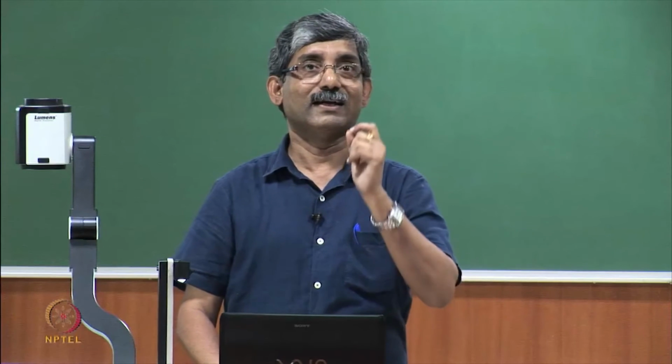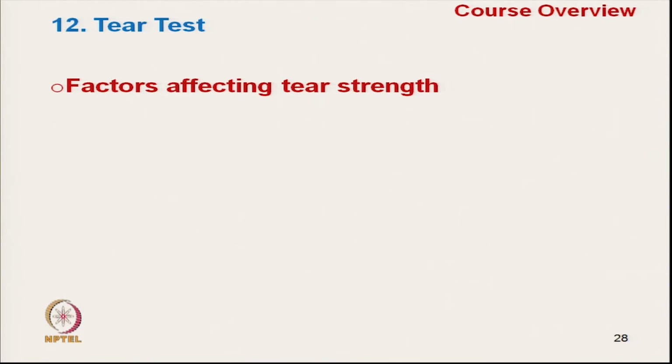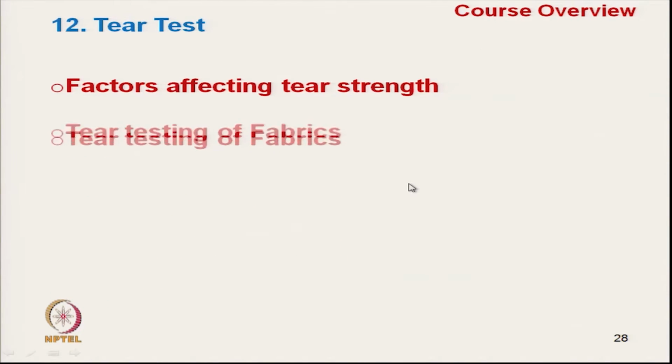Like tearing only occurs occasionally, when some sharp object comes in or there are some hooks. That is why these are serviceability testing. We will start with the various factors which affect the tear testing. Then tear testing of fabric, obviously fabrics we are talking about here.